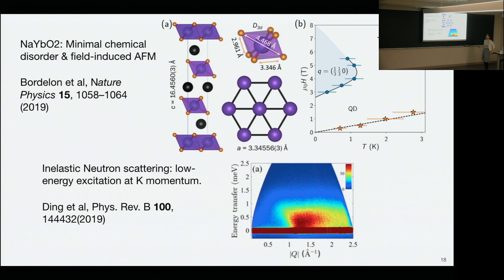And another group performed neutron scattering measurements on this material and found a concentrated energy density at the K wave vector, which is compatible with the Dirac spin liquid prediction.